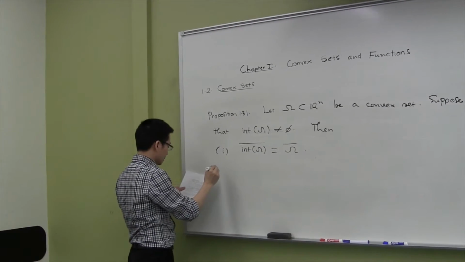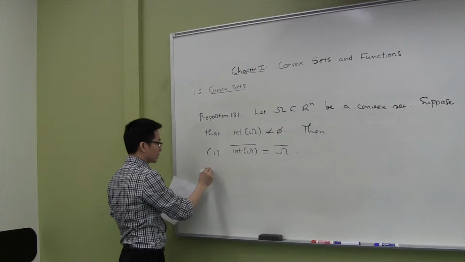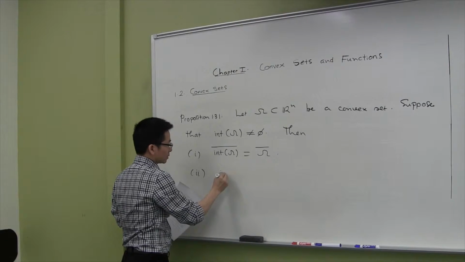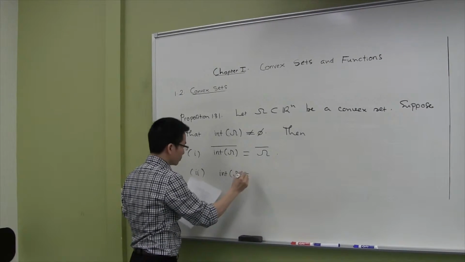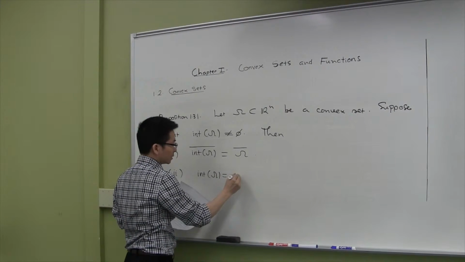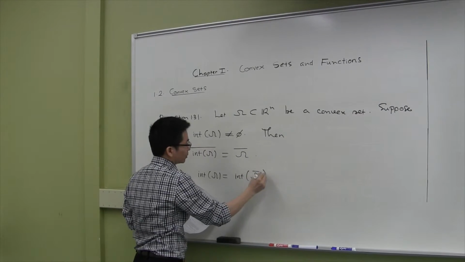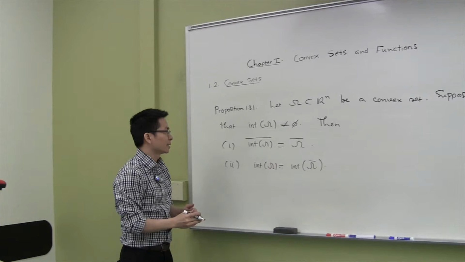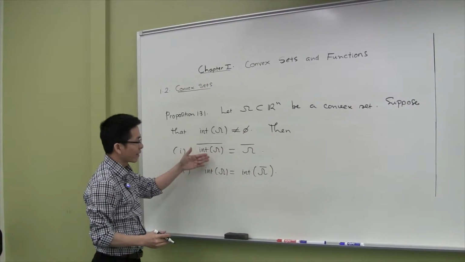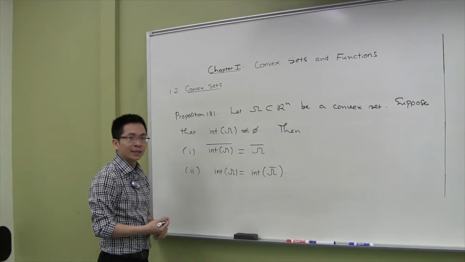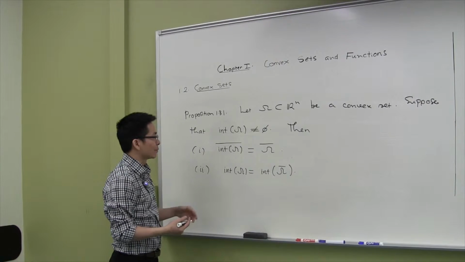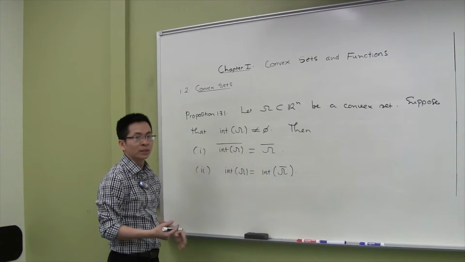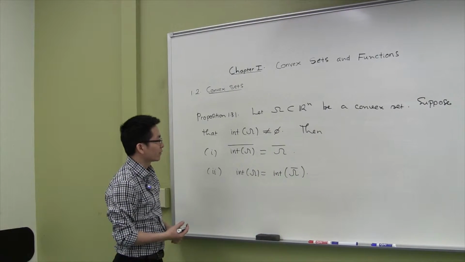And the second property is the interior of omega is equal to the interior of the closure of omega. Note that these properties are satisfied for convex sets. We can easily find counterexamples to show that these properties are not true in general for non-convex sets.